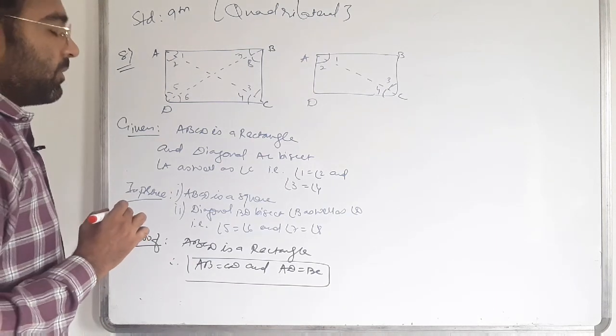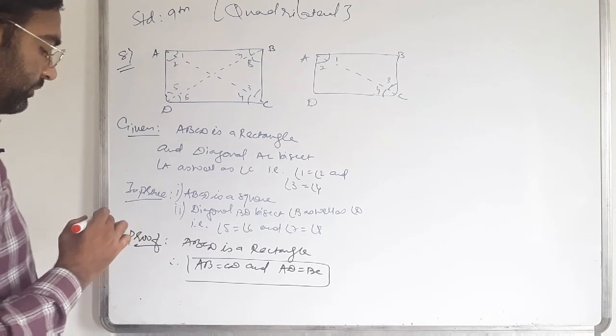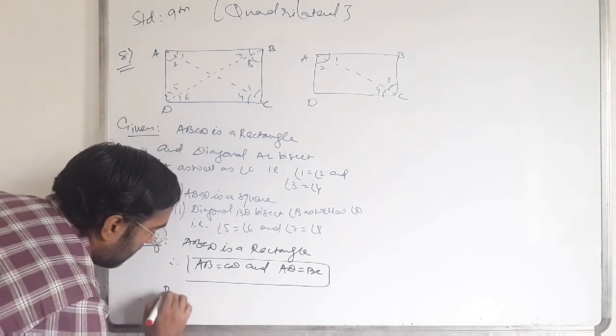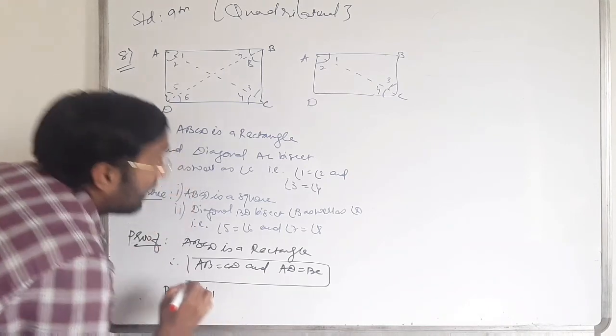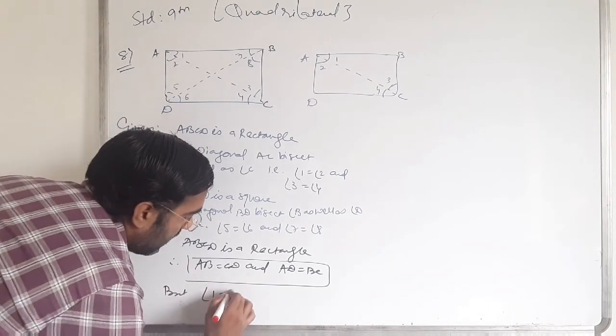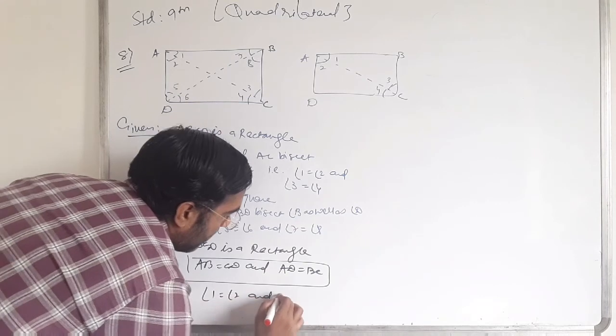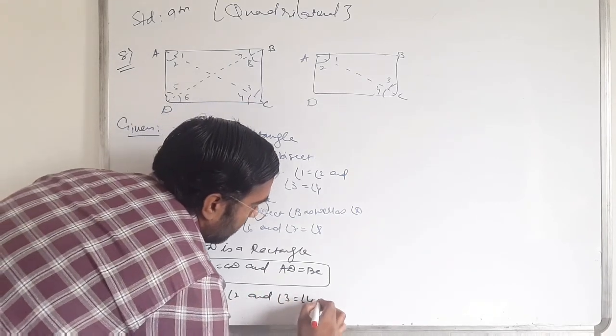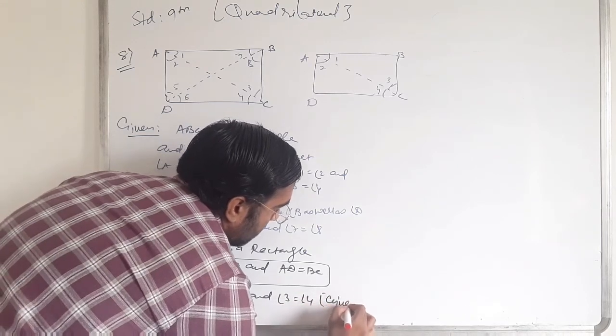Okay. The given things are: angle 1 is equal to angle 2, and angle 3 is equal to angle 4.